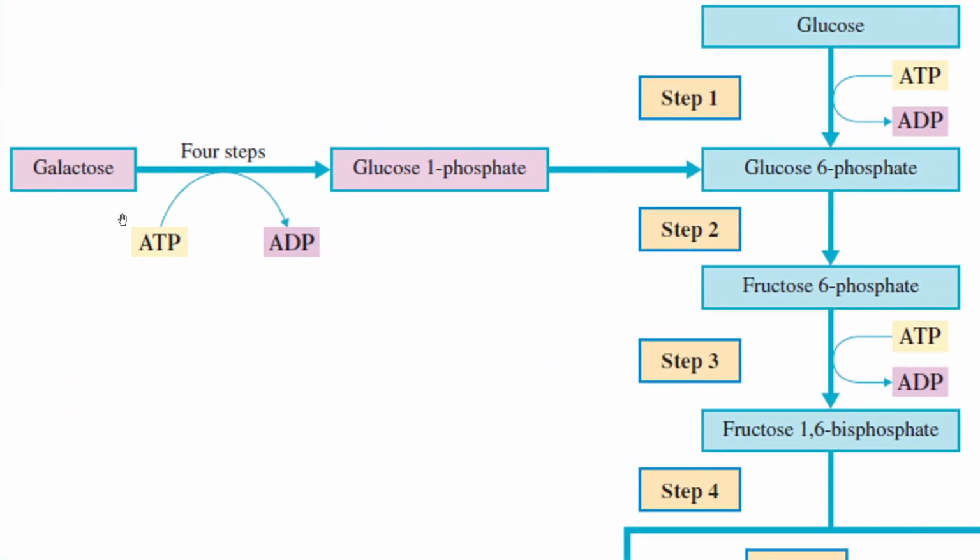Now, the 4 steps that you see here is referring to 4 different enzymatic steps until such time that your galactose will become your glucose 1-phosphate. Then again, wala na siya naka-emphasize and wala na po siya gi-point out sa reference book ninyo. So, just remember that your galactose will participate in your glycolysis by the time it will become your glucose 6-phosphate, which is a part in the step 1 of your glycolysis.